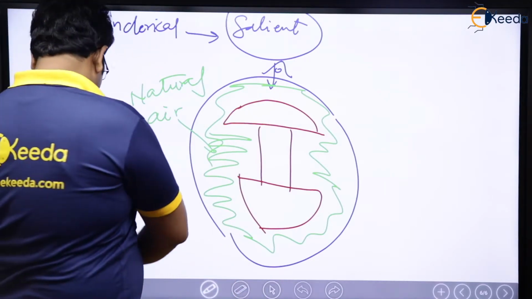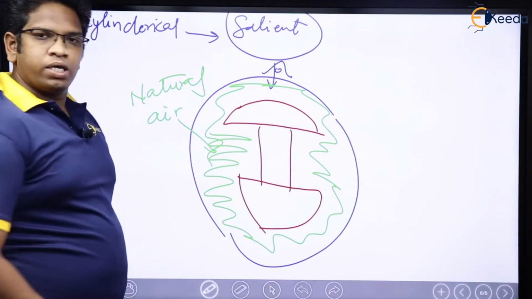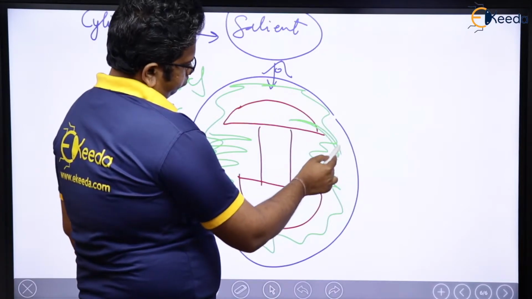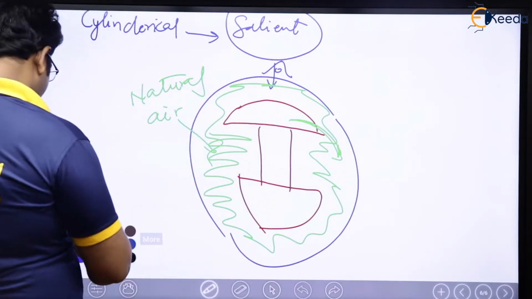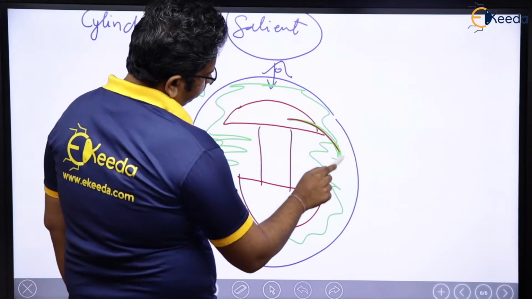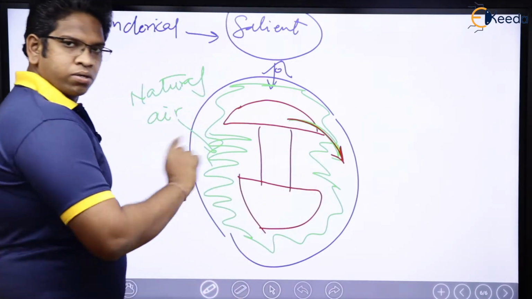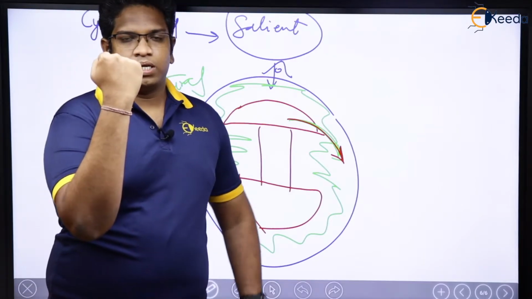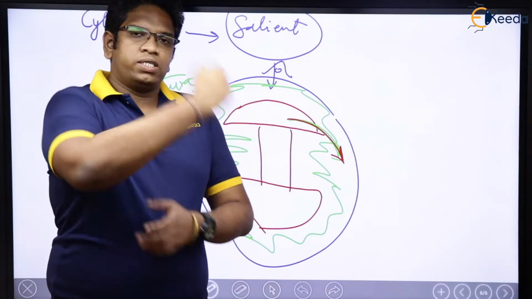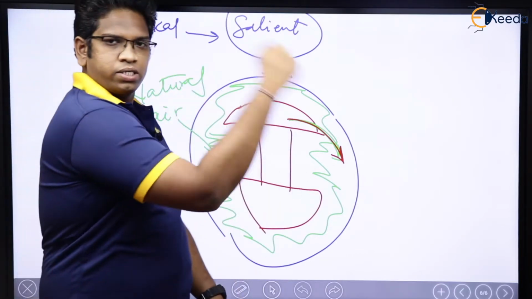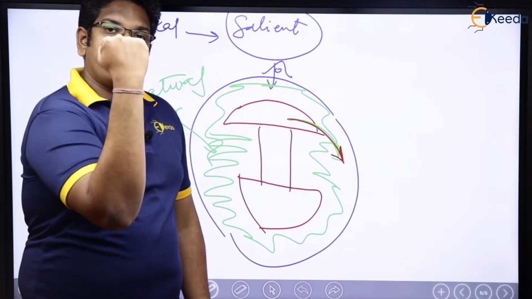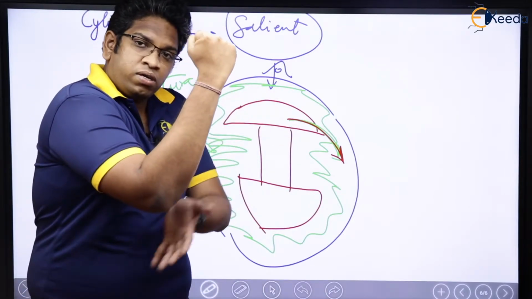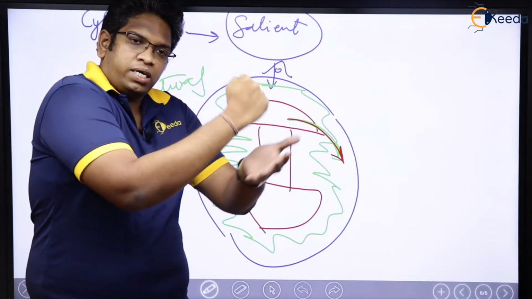Now, see here. If I want to rotate this one in this direction, let us say clockwise, this is the salient rotor. If I want to rotate this rotor in this direction as shown, what should happen? Whatever natural air was here has to get transferred here.